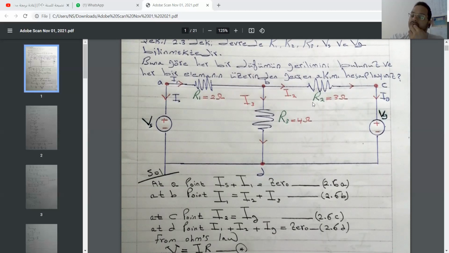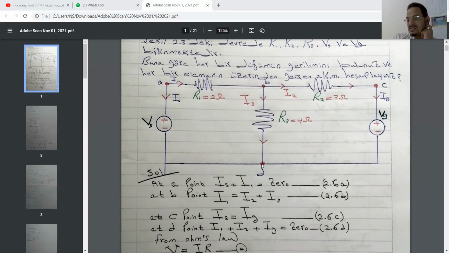Here, the voltage drop at resistance 2: current number 2 will equal the voltage drop across resistance 2, that means VB minus VC divided by R2. And the last resistance is R3, and I3 will equal VBD divided by R3.